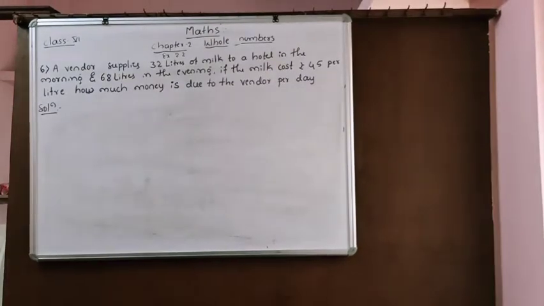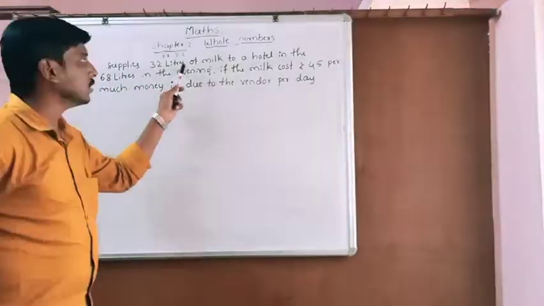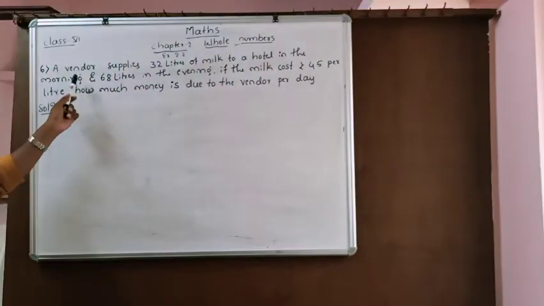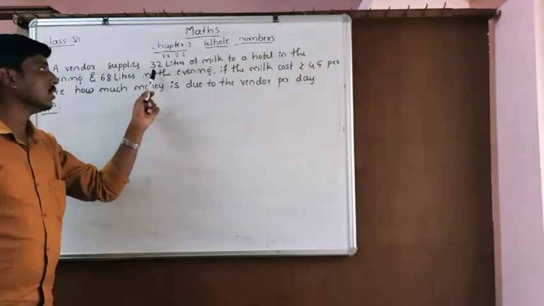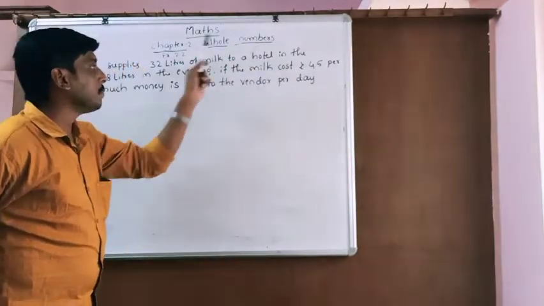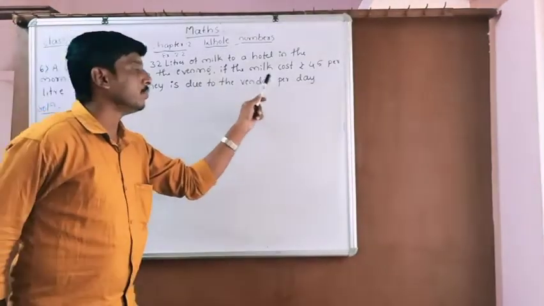Okay, dear students. So the next question is: a vendor supplies 32 liters of milk to a hotel in the morning and 68 liters of milk in the evening. If the milk cost is rupees 45 per liter, how much money is due to the vendor per day?